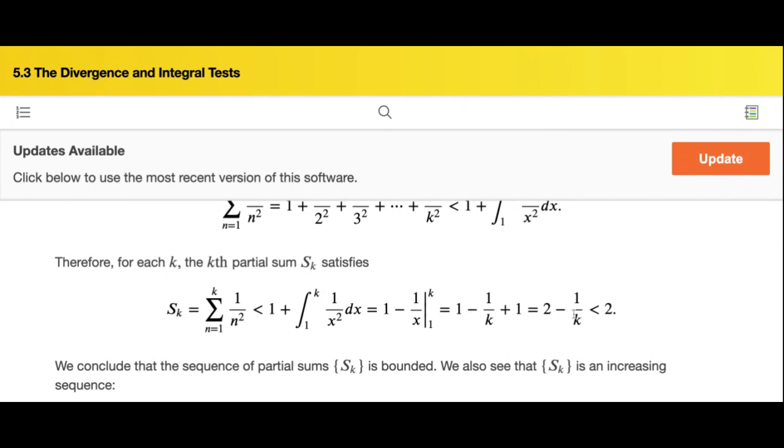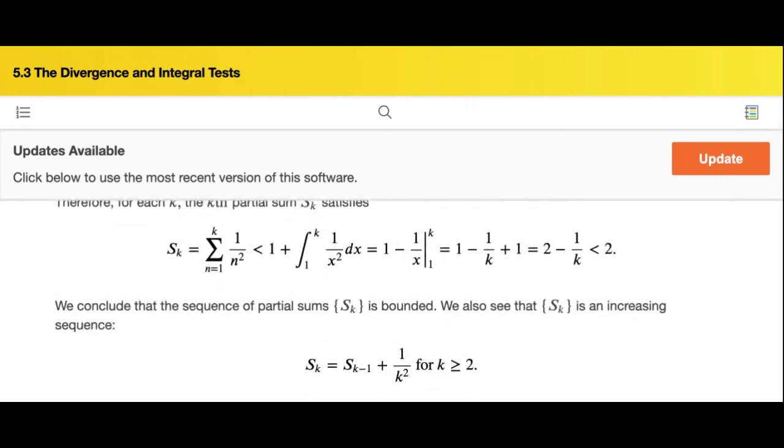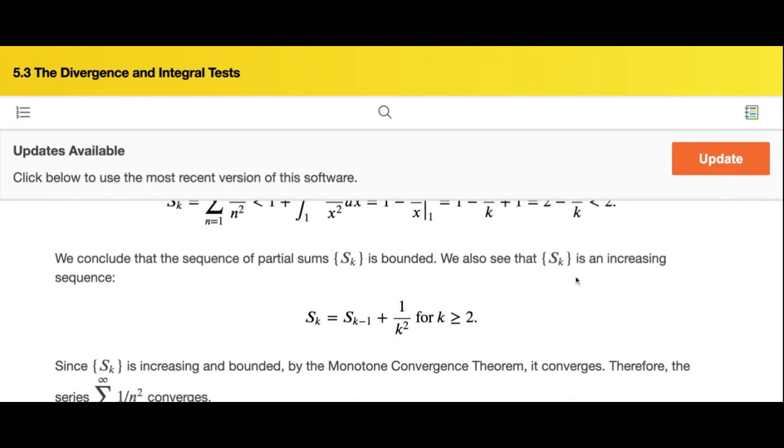So we have 2 minus 1 over k, right? Which is less than 2. So s_k is less than 2. That means the partial sums are bounded. We also see that s_k is an increasing sequence.